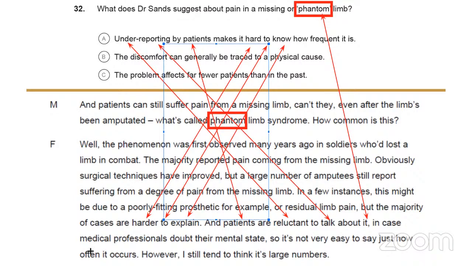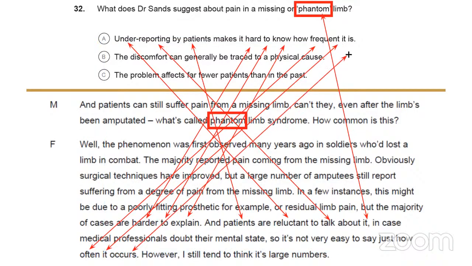Often, frequent, it occurs. Try to understand. It's not very easy.